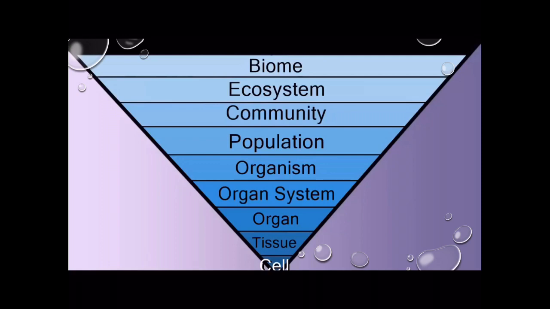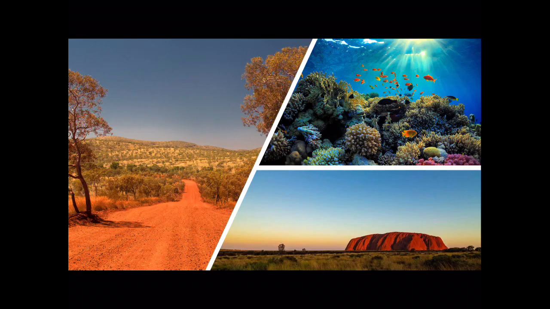From the ecosystem, we're going to move into what is known as a biome. A biome is a type of ecosystem, and the world may have multiple of these ecosystems in the area. So for example, Australia has lots of desert, lots of different desert. They also have the Great Barrier Reef, which is a type of biome.